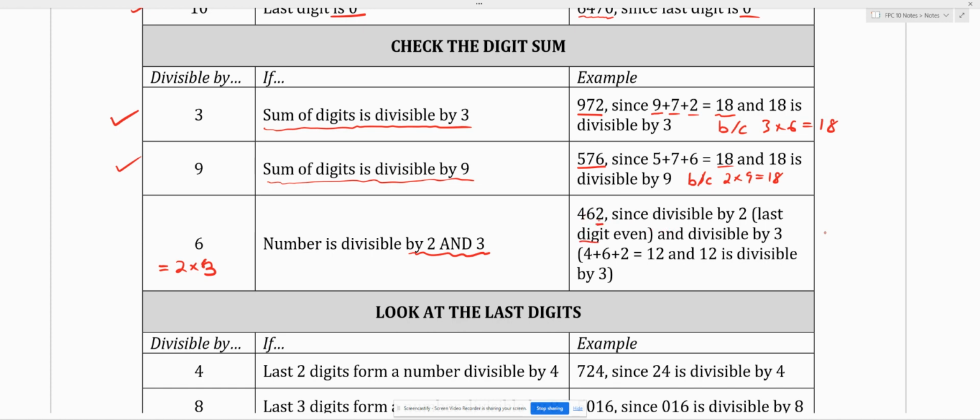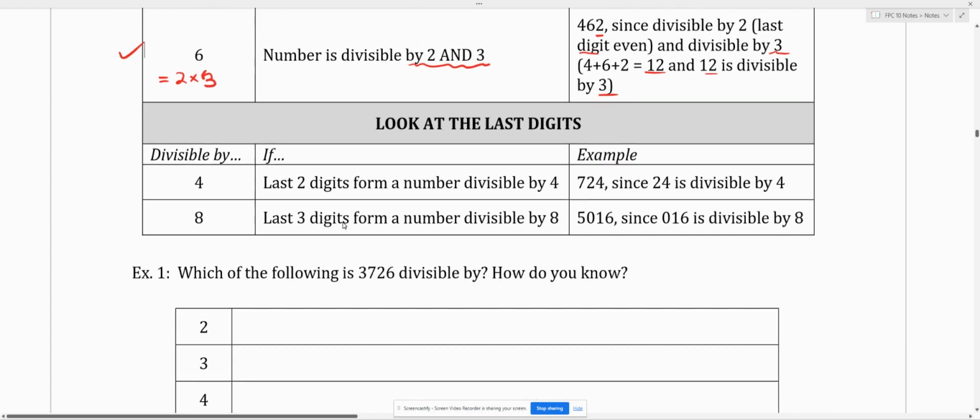So it's divisible by 2. And then we sum up the digits. We get 4 plus 6 plus 2 is 12, and 12 is divisible by 3. So we know that we can divide this by 3 as well, meaning overall, it's going to be divisible by 6. So again, divisible by 2 and 3 indicates you can divide it by 6.